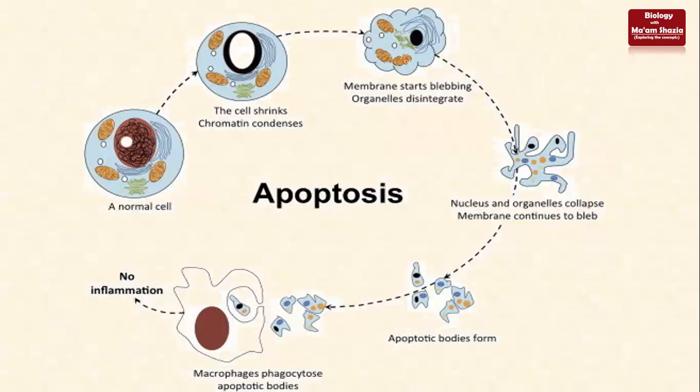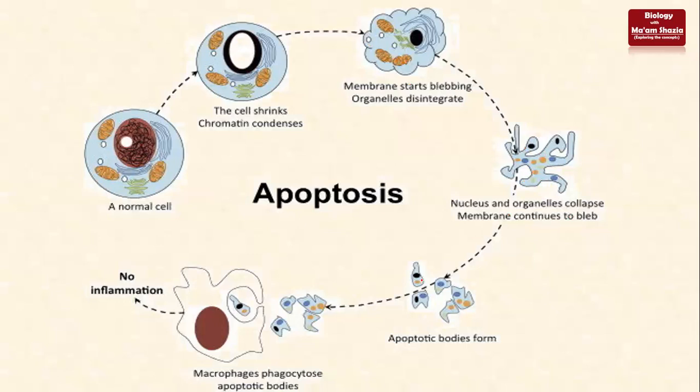The organelles inside the cell get leaky, and their biological membranes disintegrate, they are unable to keep them intact. So blebbing and disintegration of the organelles will take place. Finally, the blebbing deepens, and blebs or buds are formed. Nucleus and organelles collapse, and the membrane continues to bleb, and all of the blebs bud off, right?